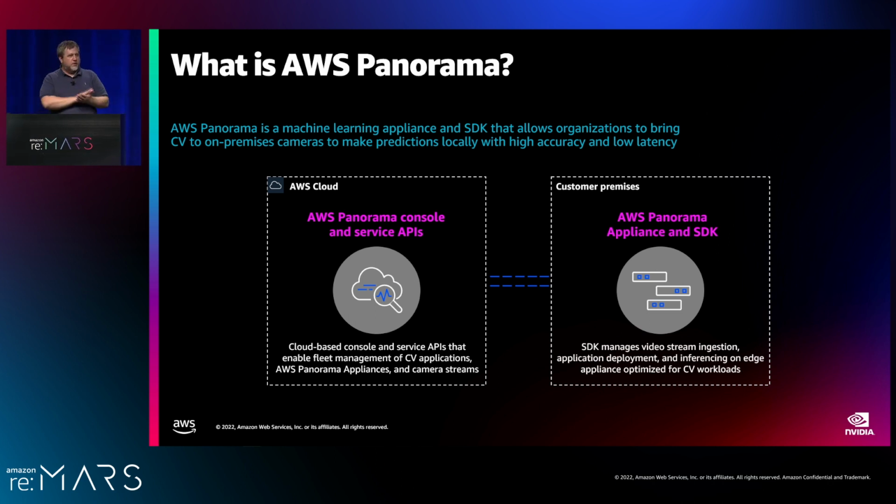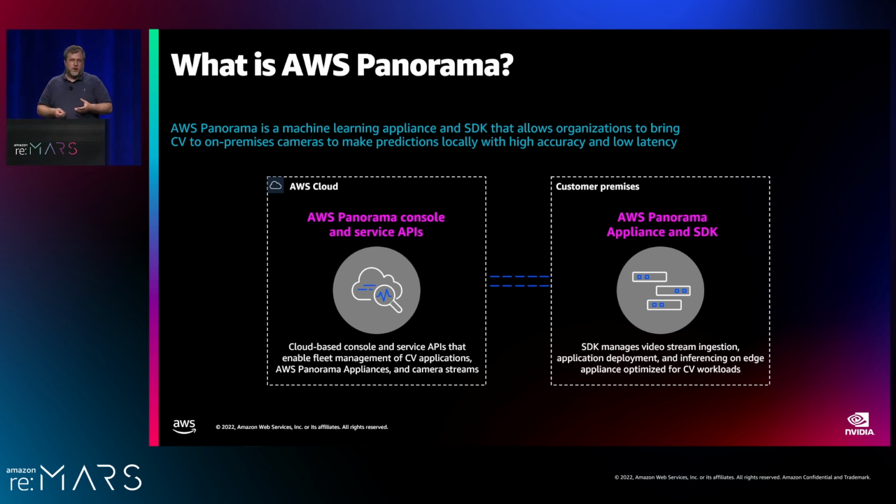All right, so there's one more service that I wanted to tell you about here. So, AWS Panorama. That's another service that also runs on Jetson devices. And what does Panorama do? It really gives you a platform to securely deploy applications that monitor RTSP video streams.